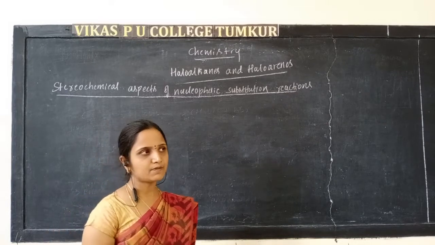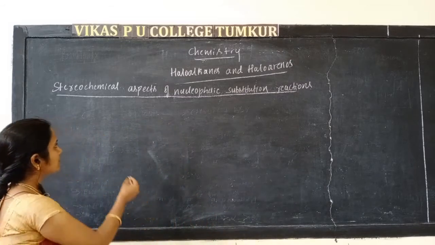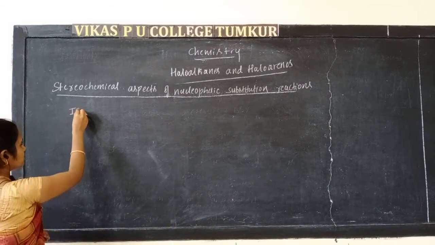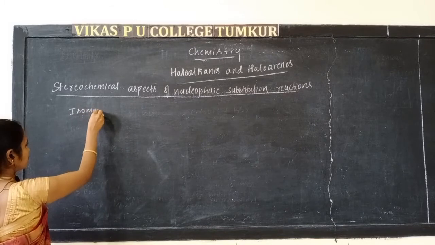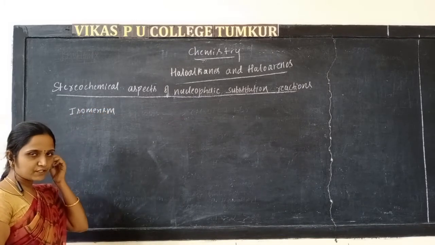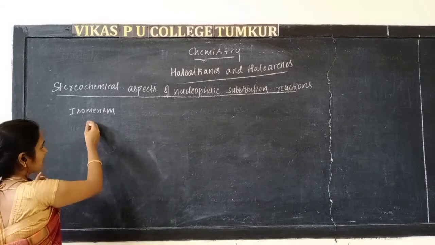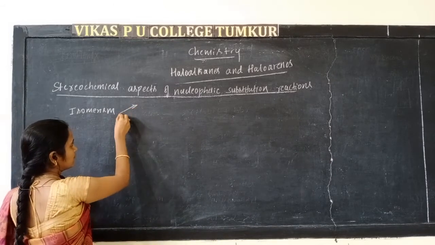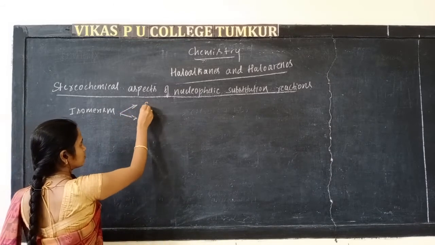There are two types of isomerism. Now we know the definition of isomerism. The first is structural isomerism, and the second is stereoisomerism.